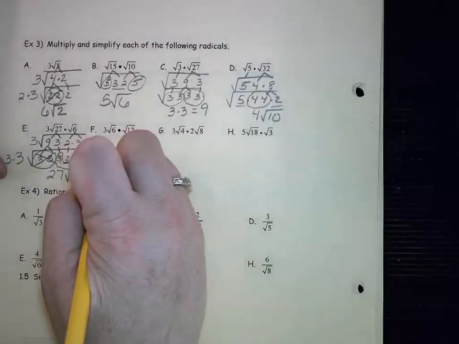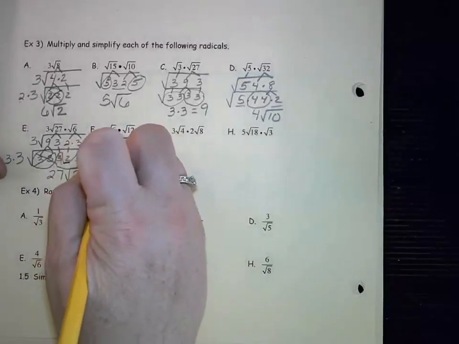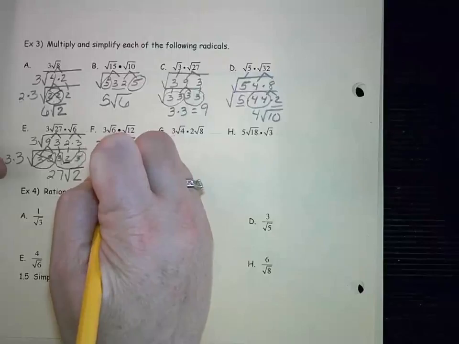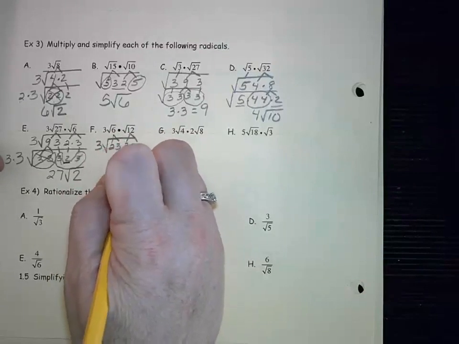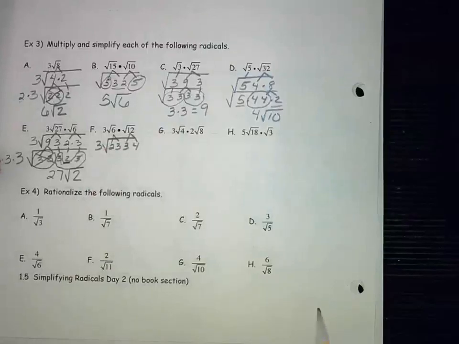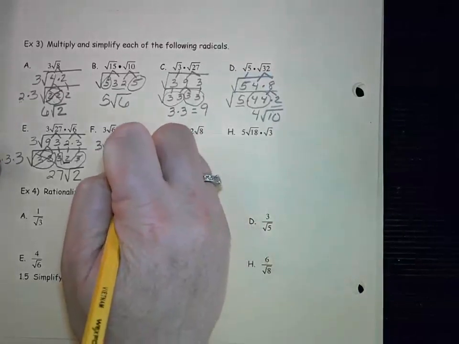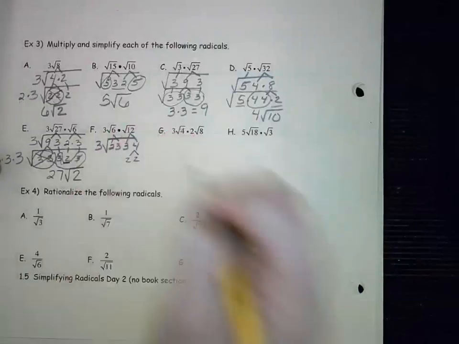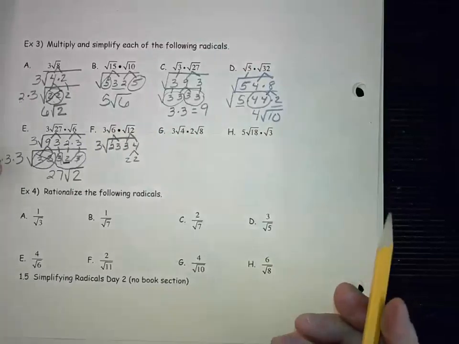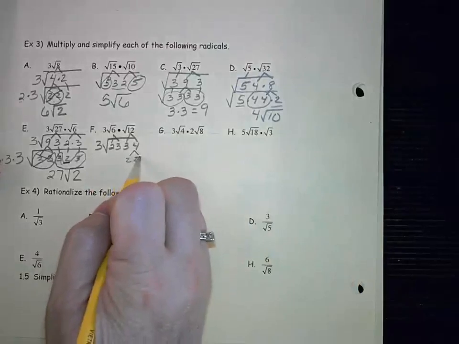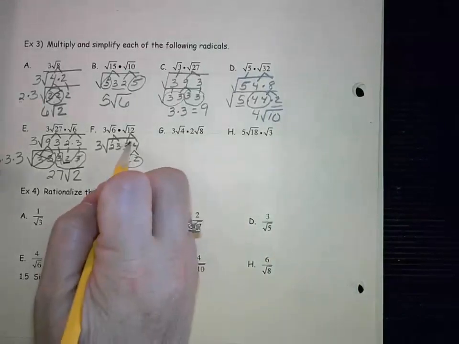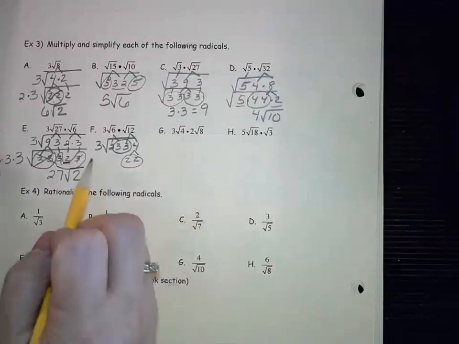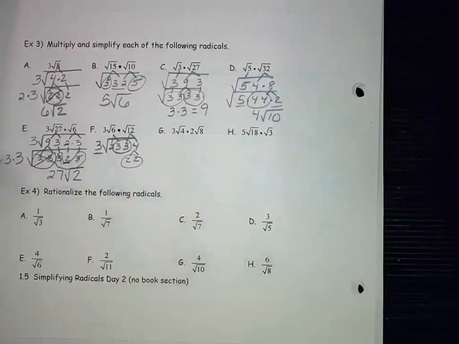Letter F, that 6 can become a 2 times 3. The 12 can become a 3 times 4. And that 4 can be broken down into a 2 times 2. So we have a pair of 2's, we have a pair of 3's, and then we have that 3 out in front.